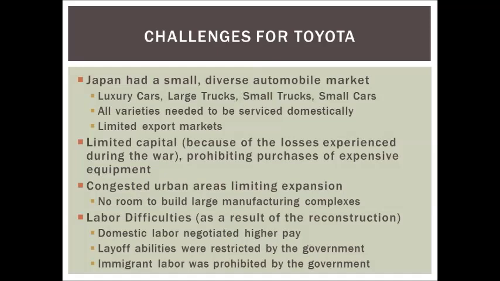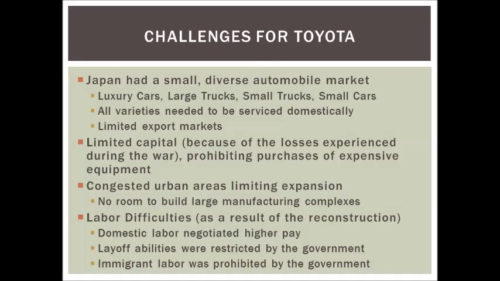But in Japan, Toyota needed to produce a variety of different vehicles for a variety of different markets, and they needed to be serviced domestically. Not much of an export market, but they needed high variety. And of course, Ford's mass production system was custom designed to produce a very limited number of models in high volume.